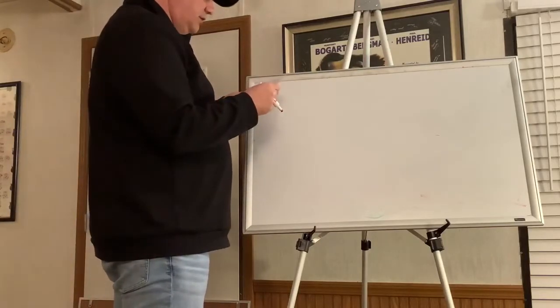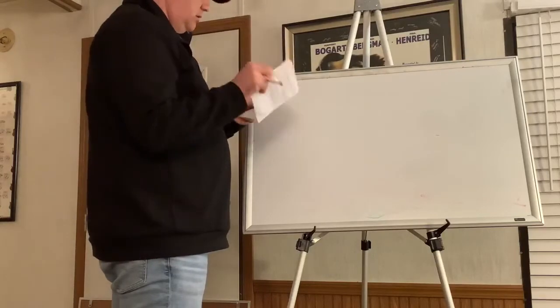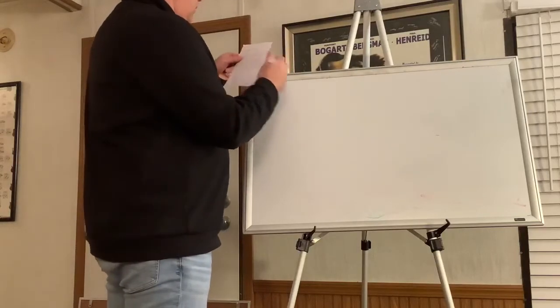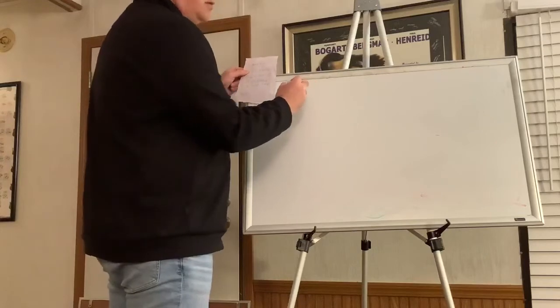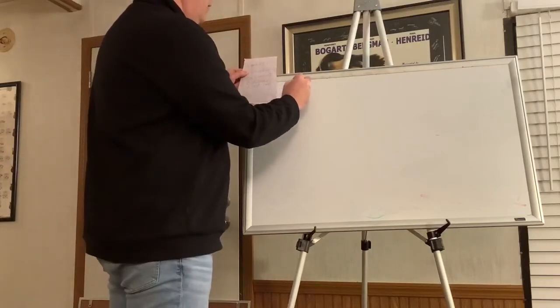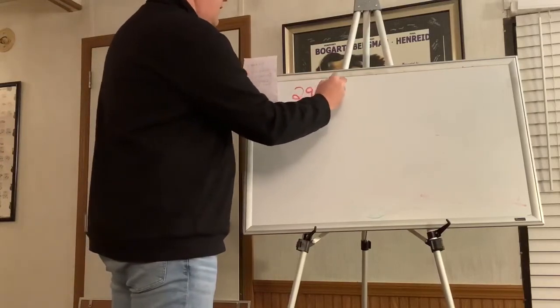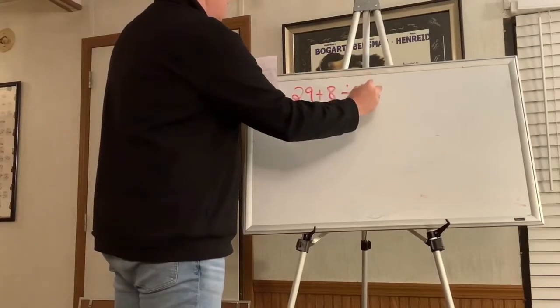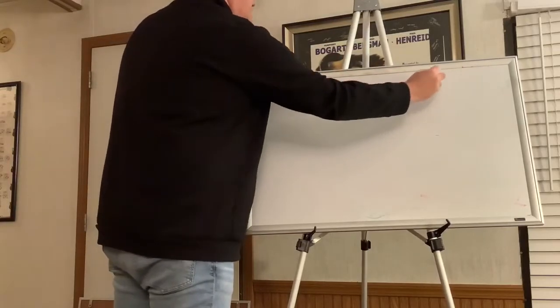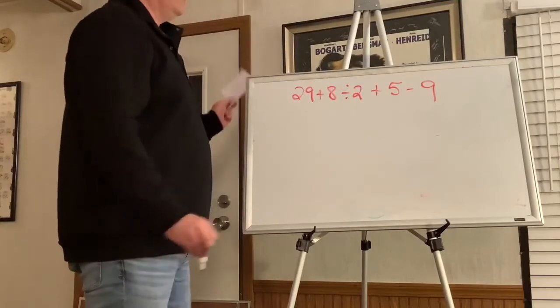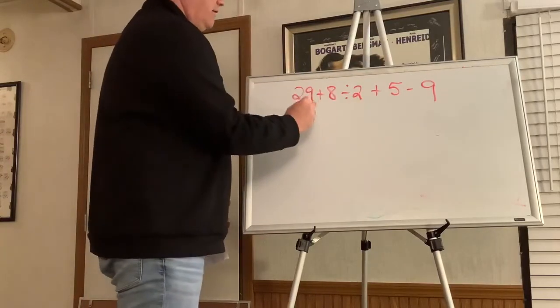The first one I had you do was here we go. This is the PEMDAS one, so this is the first assignment from Monday. 29 plus 8 divided by 2 plus 5 minus 9. The first thing you have to do on this is the 8 divided by 2.